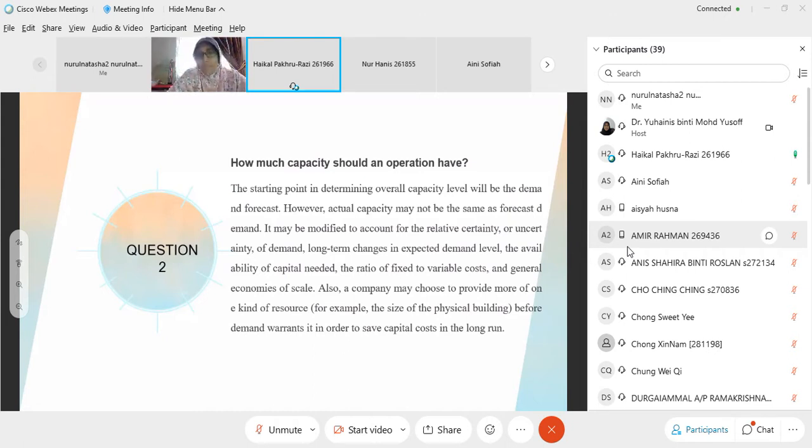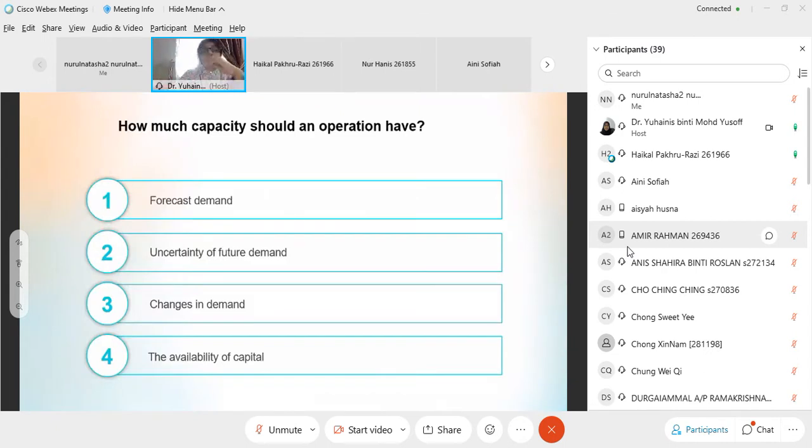Also, a company may choose to provide more of one kind of resources. For example, the size of the physical building before demand warrants it in order to save capital costs in the long run.